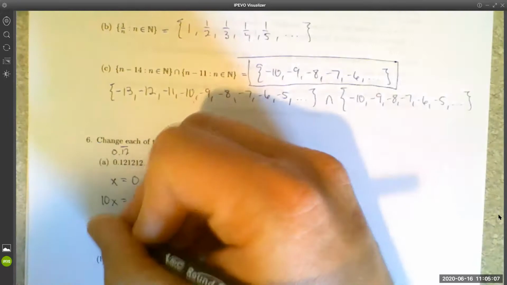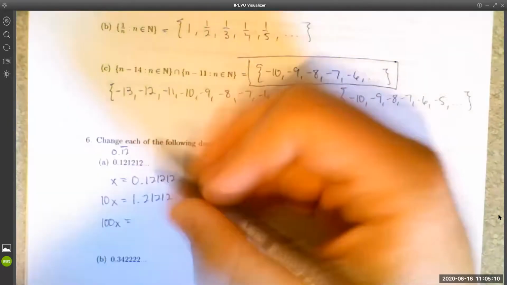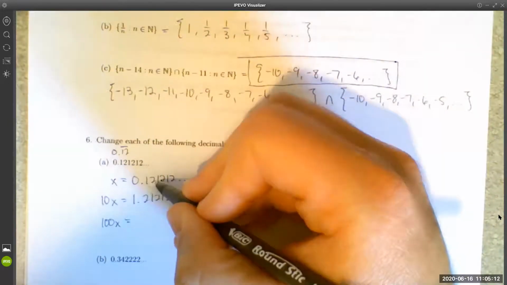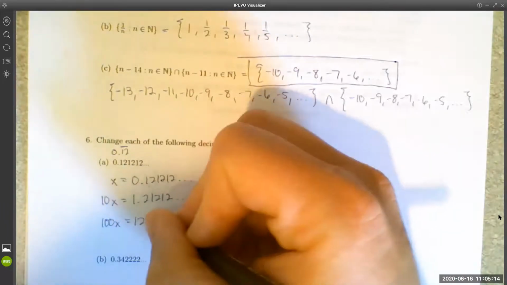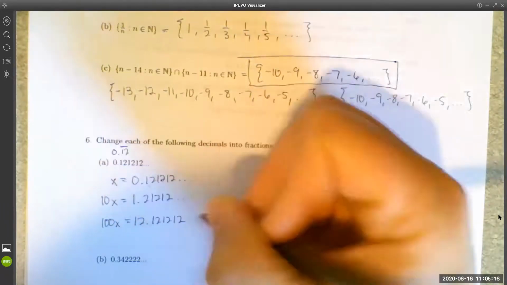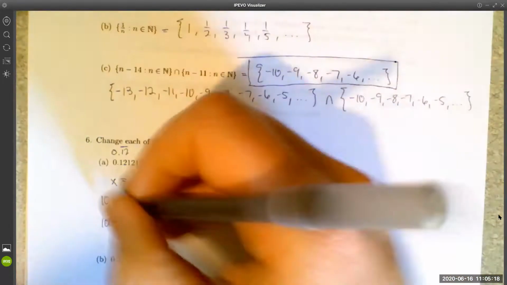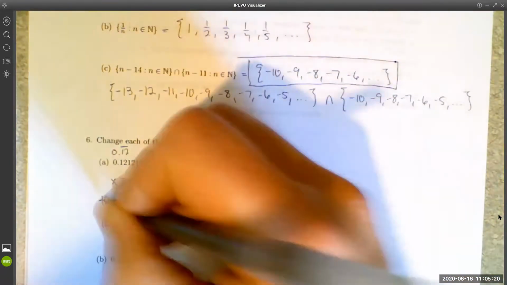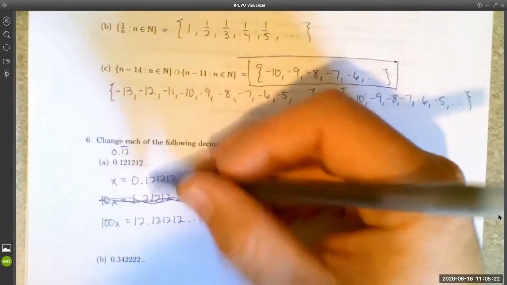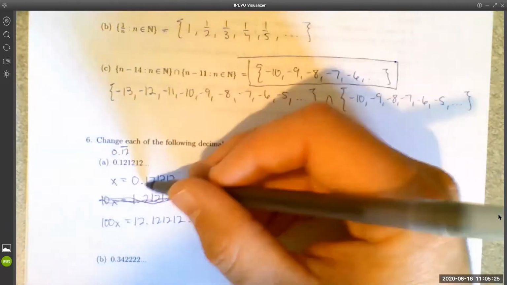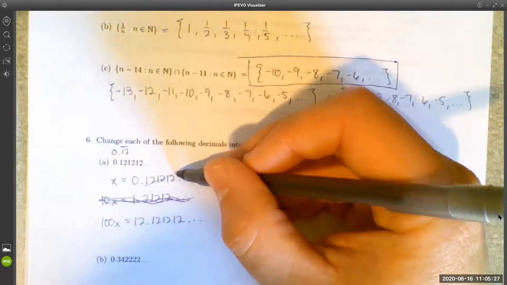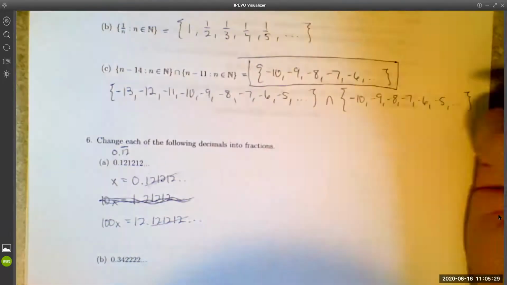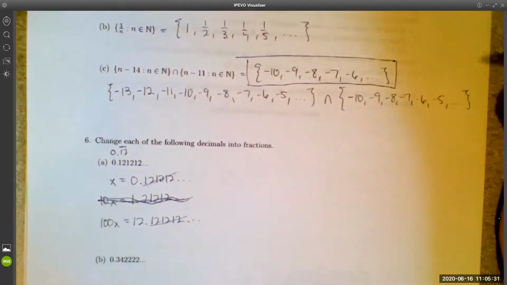I want to look at 100x. So look at 100x, that's going to move the decimal over twice. So I'm going to get 12.121212. And now notice, if I subtract these two things, this non-ending decimal is going to cancel with that non-ending decimal. That's what I want to happen, right?